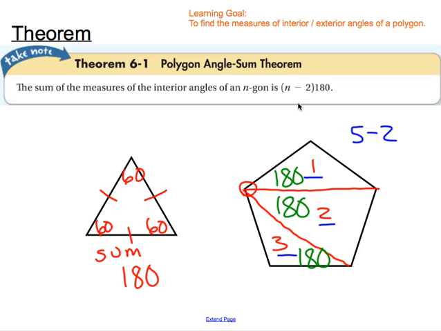We have the number of sides, 5, minus 2, which gives us the 3 triangles, times 180 degrees because there are 180 degrees in each triangle. And in this case we can see that the sum of the interior angles of a pentagon is 540.